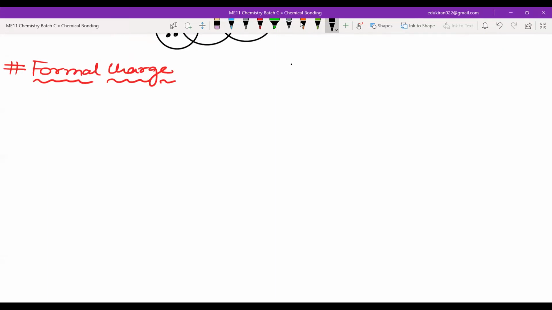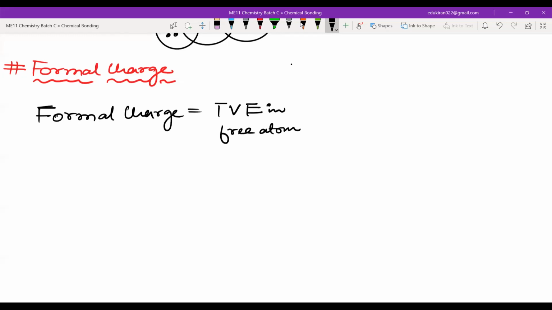It has a formula. You can calculate the formal charge for a particular atom in a Lewis dot structure. Okay, so formal charge is equal to the total valence electrons in the free atom. You don't have to look at these Lewis dot structures as of now. Total valence electrons in free atom.